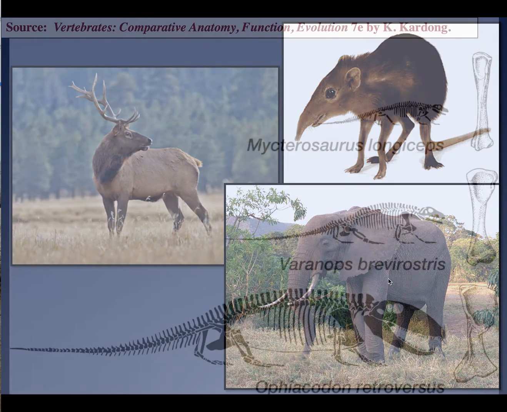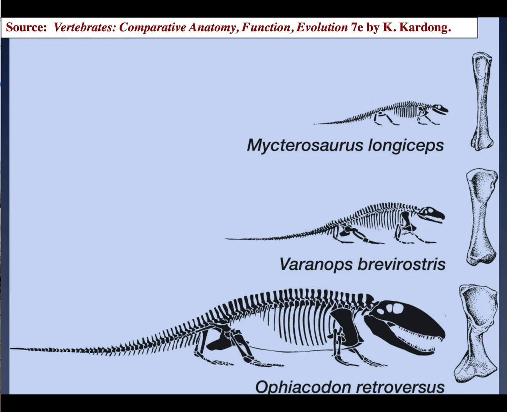Now, Dr. Cardong, my colleague, who's no longer with us, and that makes me very, very sad, had a leading textbook, and still does, in comparative anatomy. To make this point about the impact of size, and to think about how the leg changes, he compared these three lizard-like critters, and he looked at the same bone in their legs.